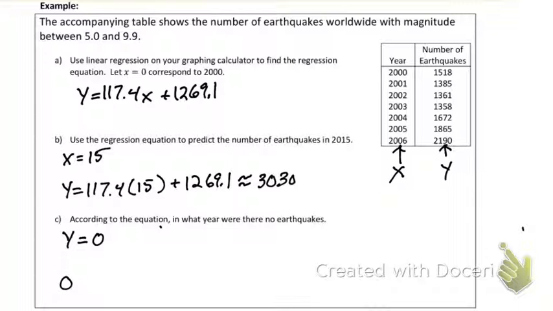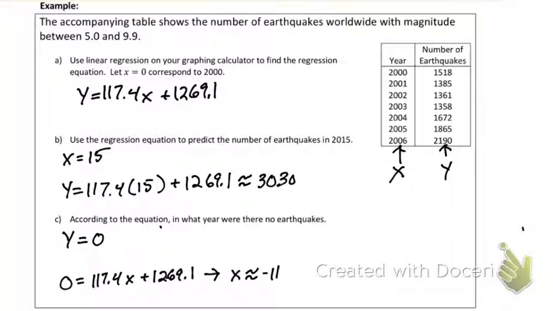So we plug that in our equation, and we have 0 equals 117.4 times x plus 1269.1, and if you solve for x, you're going to come up with x being about -11.